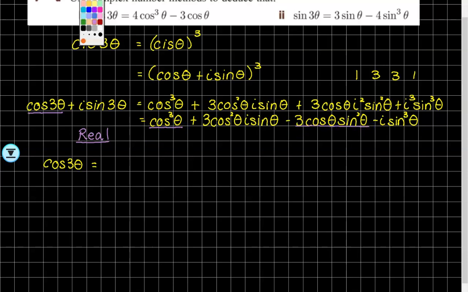So we now end up with this being cos cubed theta minus 3 cos theta sine squared theta.